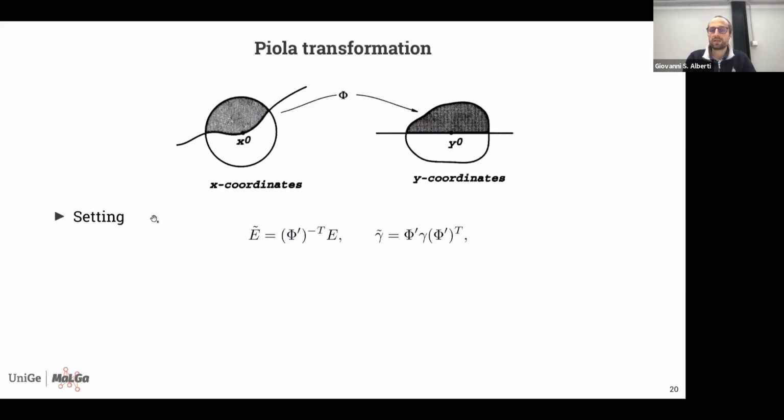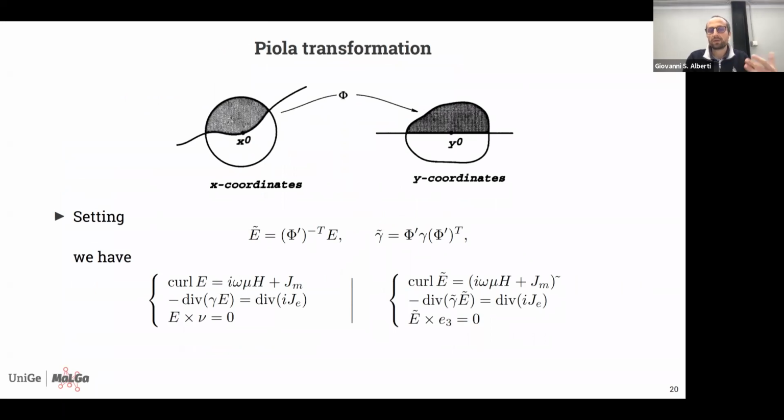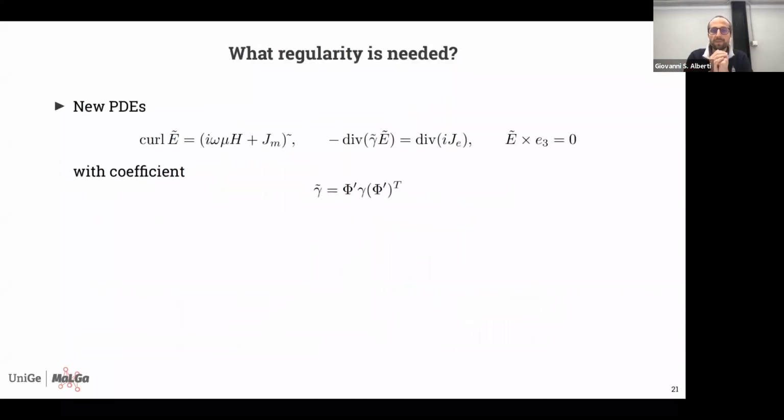And so this shows that by flattening out the boundary, you change the problem into basically the same PDEs with different coefficients, but, and that's the important observation, the important point is to understand how gamma is transformed into a new object, and so how phi matters for the regularity of the problem.